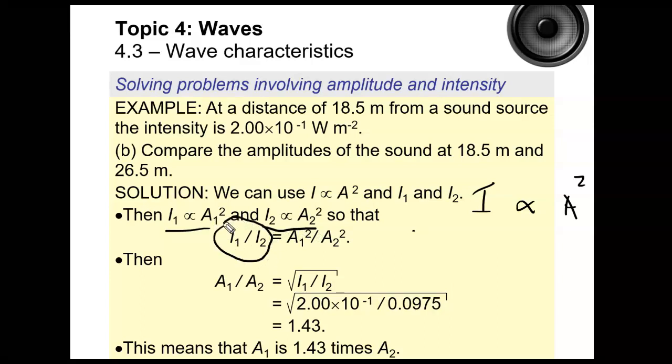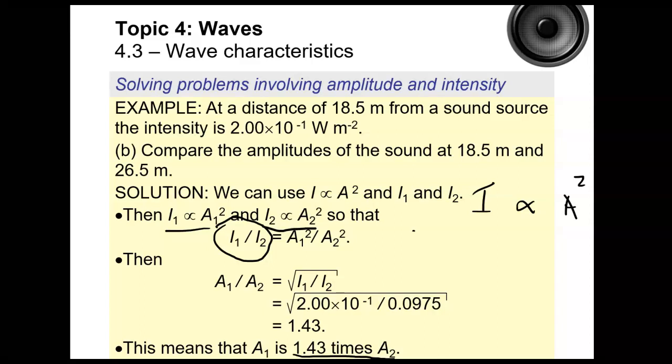I1 over I2 we found in the last problem. By setting up this ratio and then taking the square root of both sides, we can solve for A1 over A2 and find out how they relate to each other. What you should find is that A1 is approximately 1.43 times A2. So between 18.5 meters and 26.5 meters, the amplitude decreases by a factor of about 1.43.